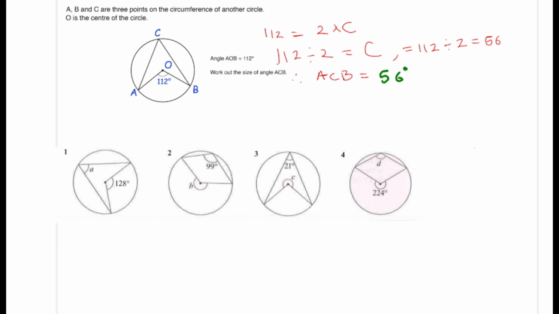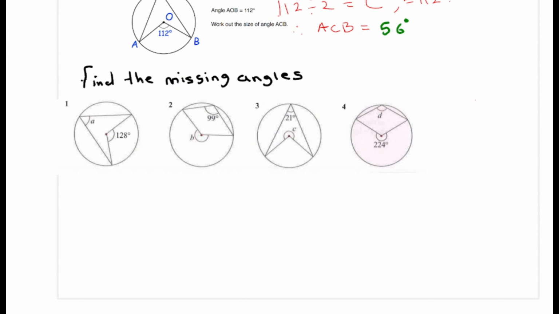Here we're asked to find the missing angles. The first one, we have A missing and we have 128. Remember what the rule says: the angle at the center is twice the angle at the circumference.